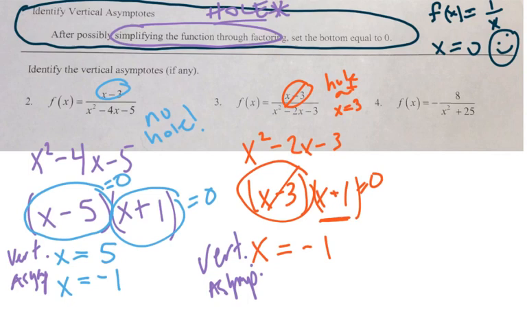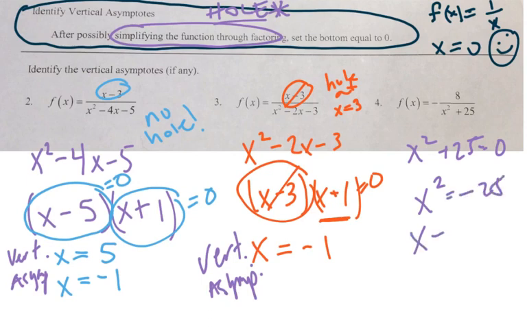Awesome. Okay, so this last example, example 4, we have f of x equals -8 over x squared plus 25. When I take the denominator, x squared plus 25, and set it equal to 0, I can't factor this out. I'll get imaginary numbers, right? We've seen this before. We saw this in 3.4. If I solve this for x, I get x squared equals -25.